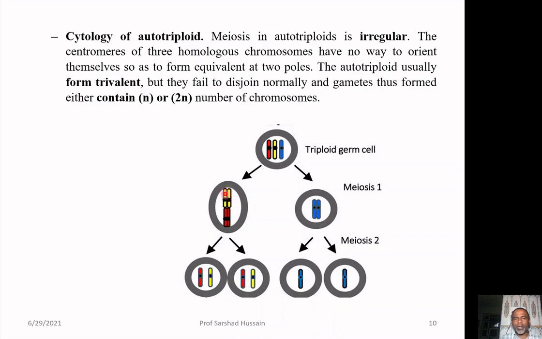Here they look like two, yellow is having 2 and red is having 2, because you know that during the interphase stage each chromosome is duplicated. Once they divide, each cell will be either diploid or haploid. So, they will form uneven gametes, half of them haploid, half of them diploid.